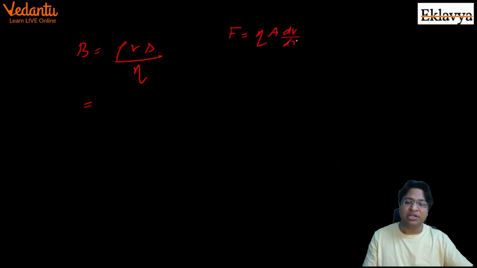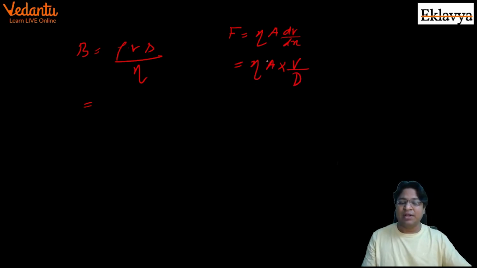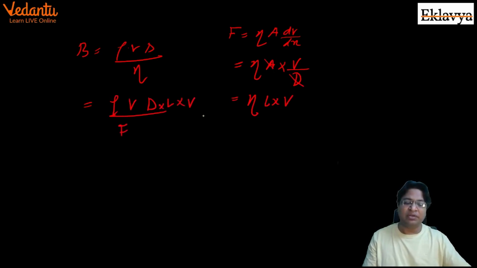Now understand that dv will have the same dimension as velocity and dx will have the same dimension as length or diameter. So A upon d will have dimensions of length into velocity. So in rho v d by eta, eta is force divided by length into velocity.